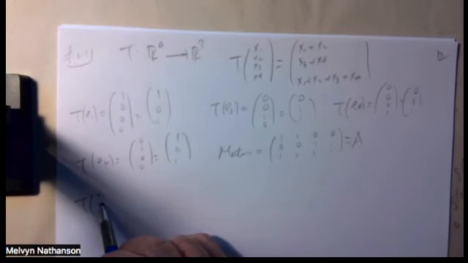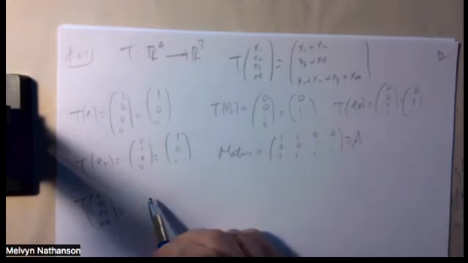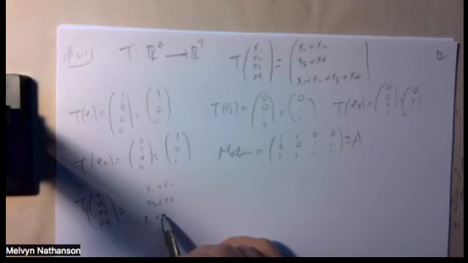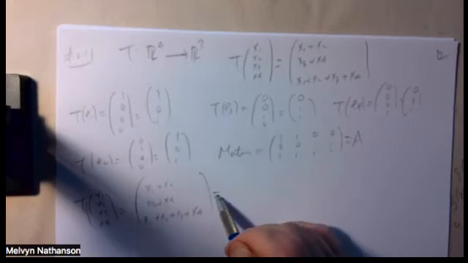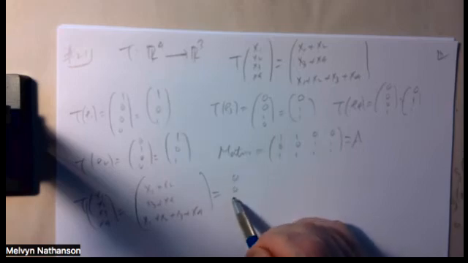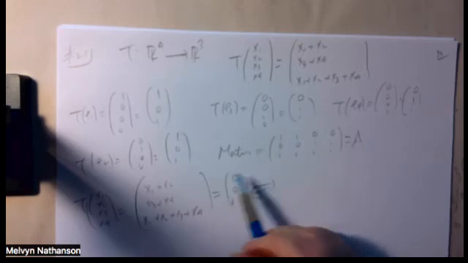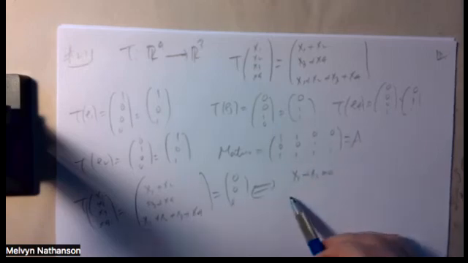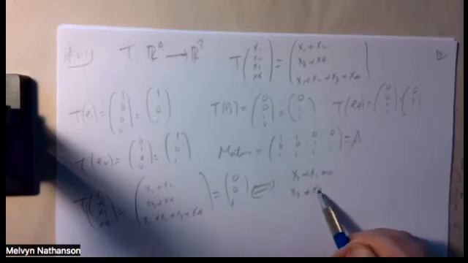So T of x1, x2, x3, x4 is the 0 vector if and only if x1 plus x2 equals 0 and x3 plus x4 equals 0.